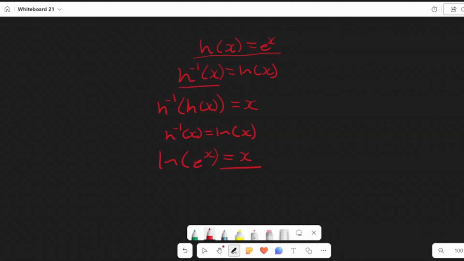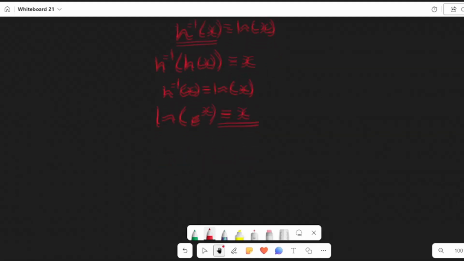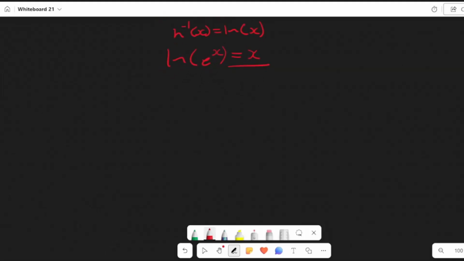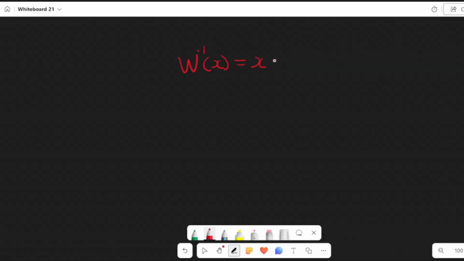So that's the concept of inverse functions, and that's pretty much all that we need to know in order to understand what the Lambert W function is, because the Lambert W function is essentially just the inverse of x times e to the power x.